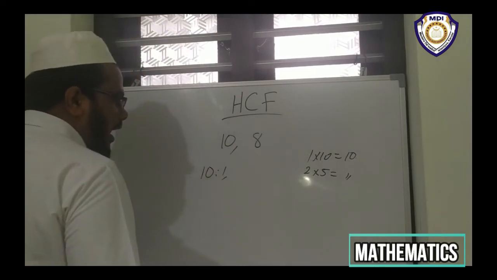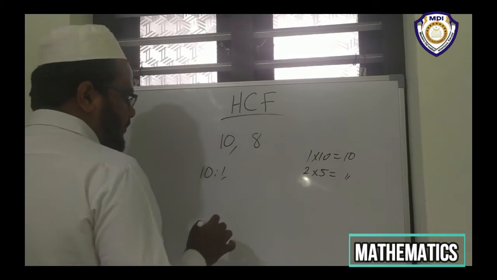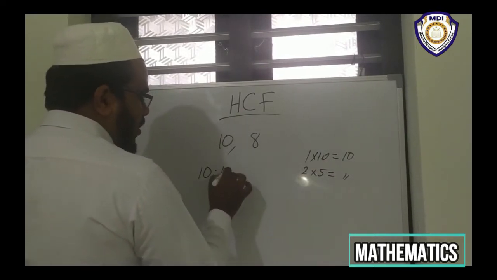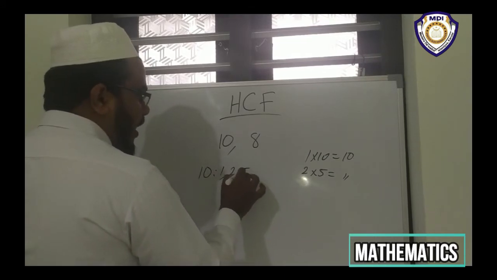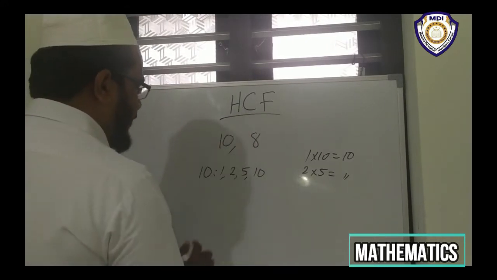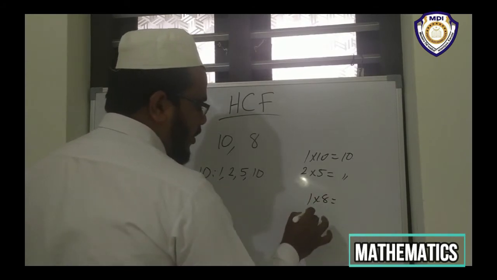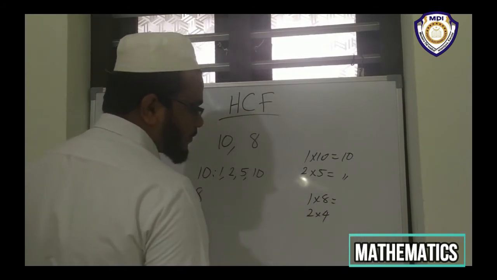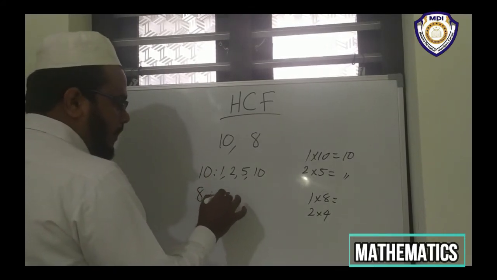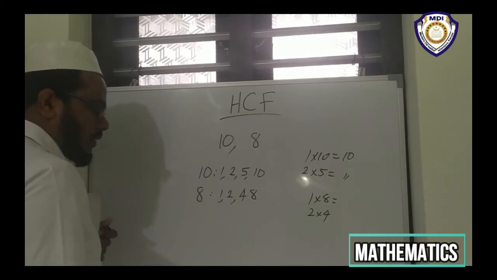Is there any other? No. So the factors are 1, 2, 5, 10. Then 8: 1 into 8, 2 into 4. Any other? No. So the factors are 1, 2, 4, 8.